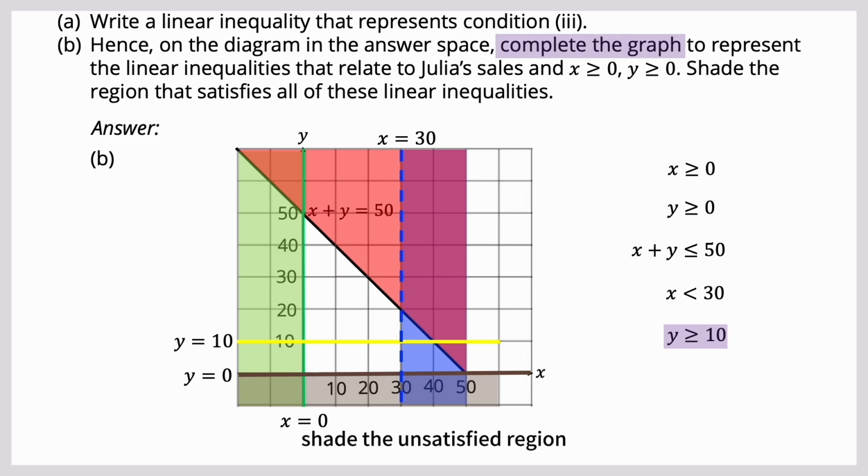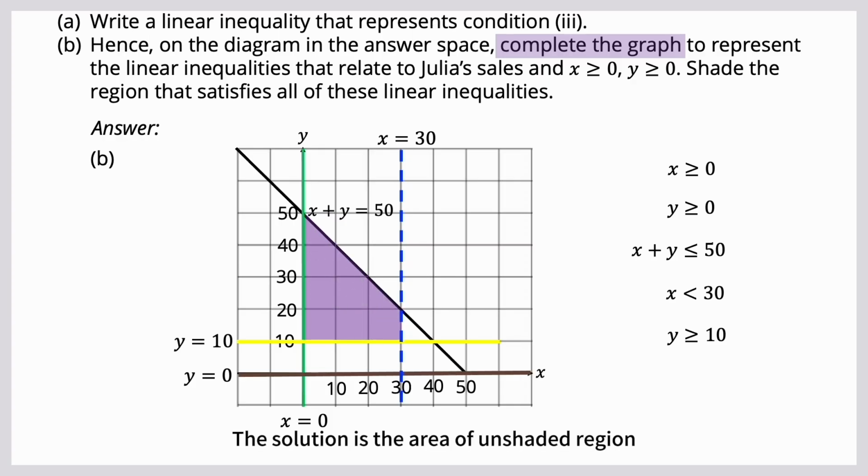Shade the unsatisfied region. Shade below the line. In this way, the final unshaded region is where all inequalities are satisfied. The solution is the area of unshaded region. That is the set of values for x and y that Julia's sales could be.